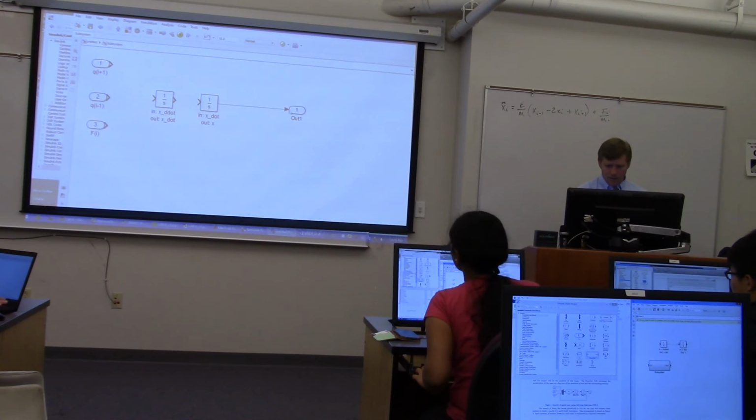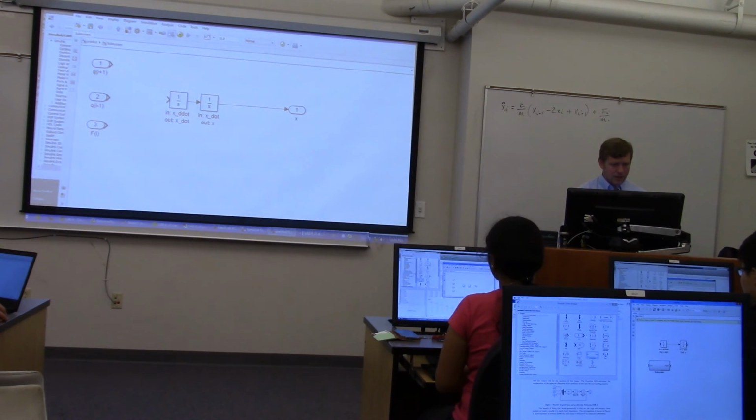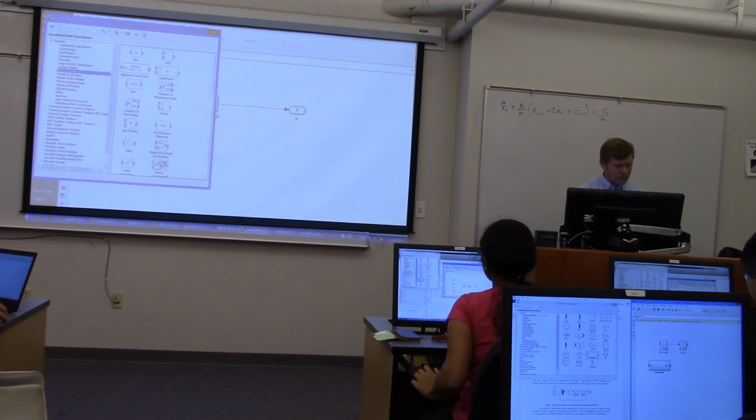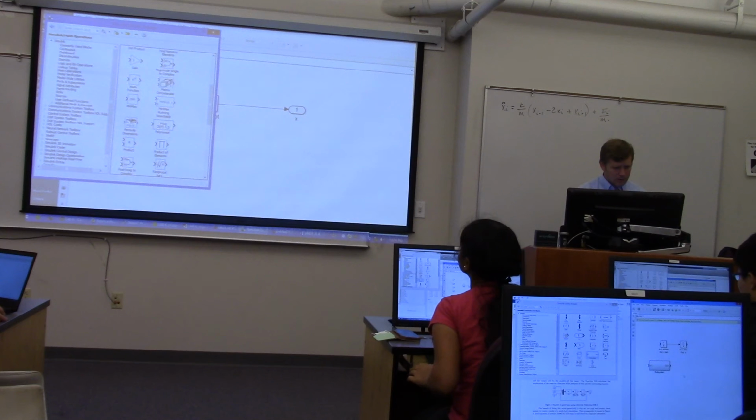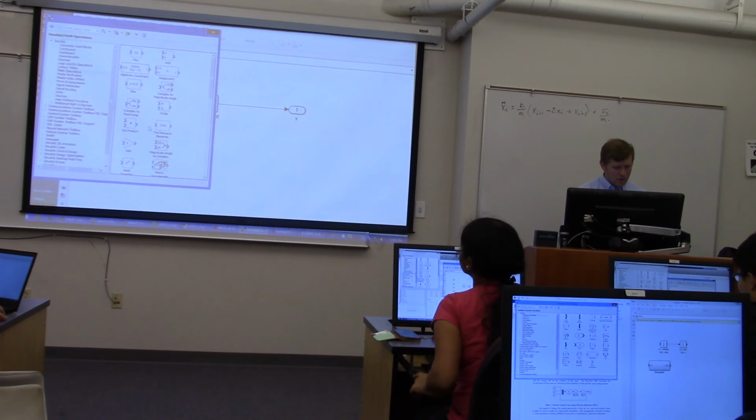And I'm going to call that my actual output here. In this case, I'm going to make it easy on myself by using this user-defined function block that will let me write a little MATLAB code in there.